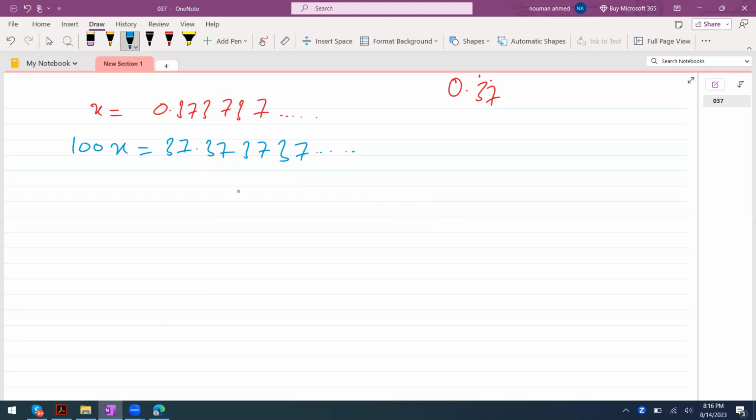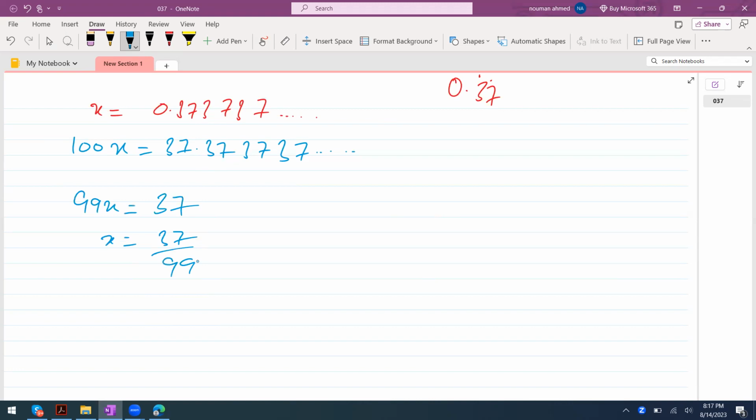Now we again subtract these two equations. What is 100x minus x? 99x. What is 37.3737 minus 0.3737? It's just 37. So x is equal to 37 over 99. Abdullah and Aisha, clear? Yes, sir.